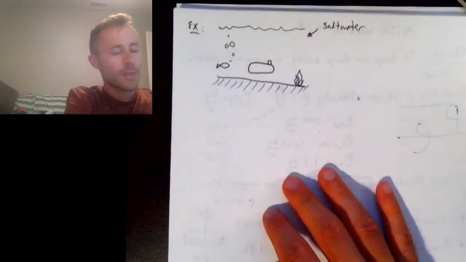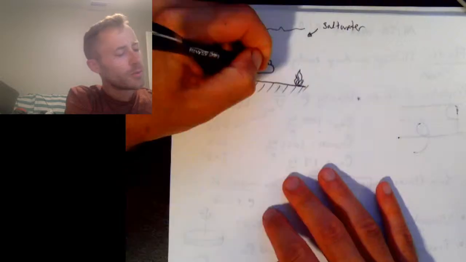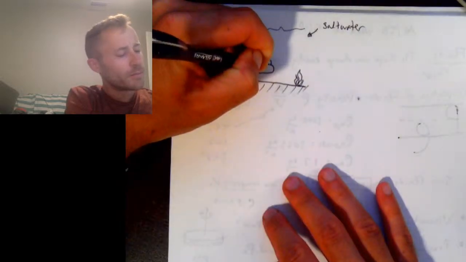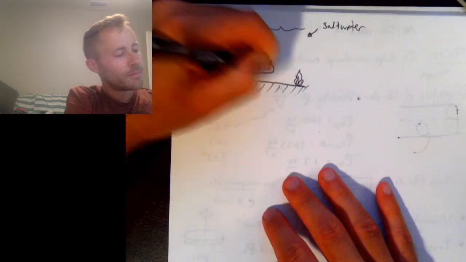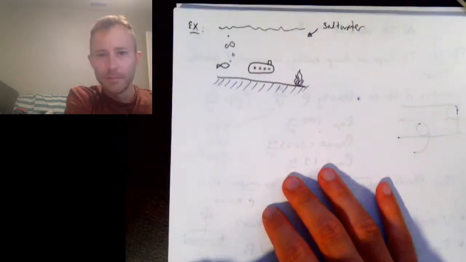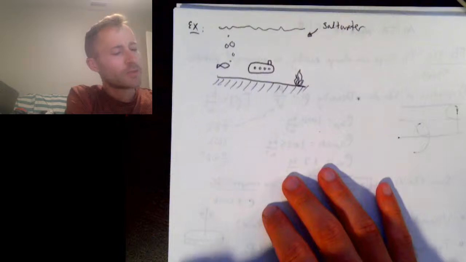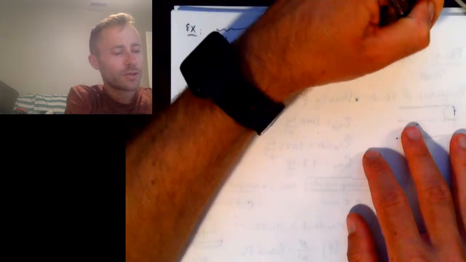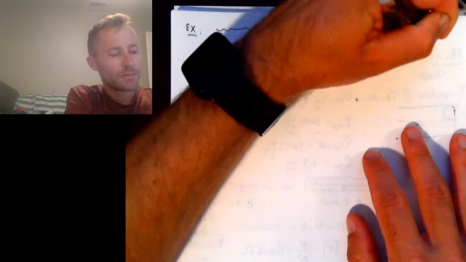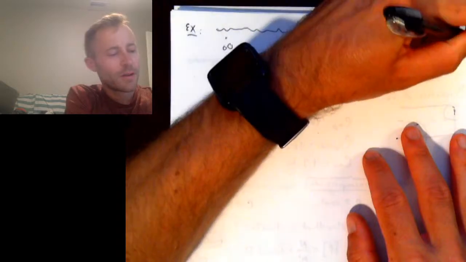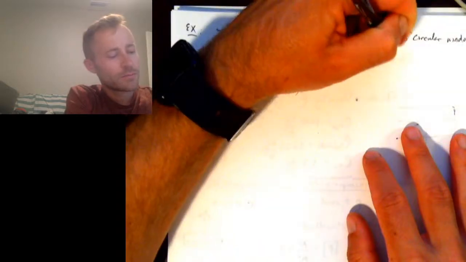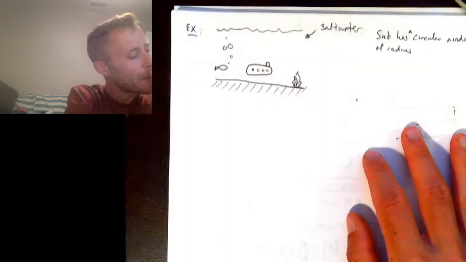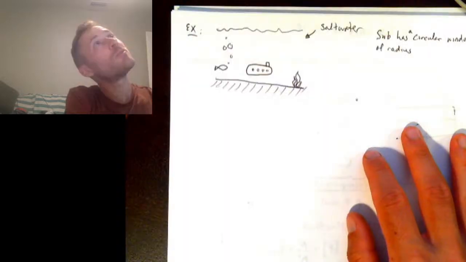All right. So here's the submarine. The submarine has some windows on it. All right. So the sub has a circular window of radius, let's see, what would be the size of a submarine's window?